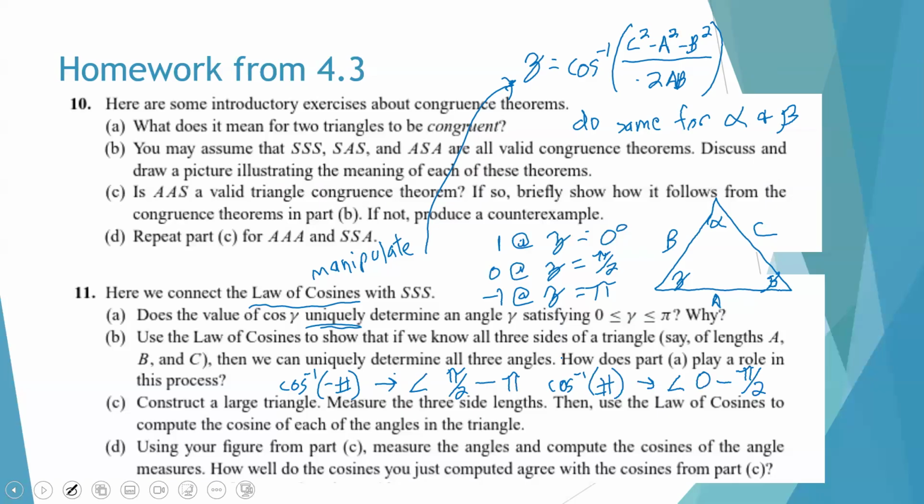Well, you use a what? Protractor. Use a protractor. Should it be exact? No. Should it be close? Yes. A lot of it is going to depend on if you do your roundings. If you round early, it's going to hurt you, and you probably won't get close. Otherwise, protractor is your friend on this one.